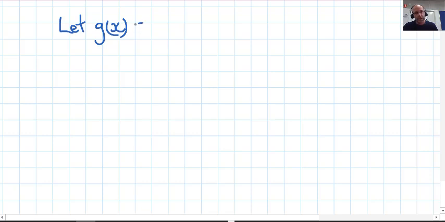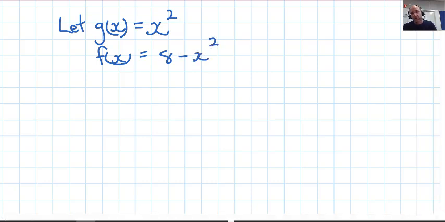So the one that was higher up is x squared as far as the region goes, and let's make g of x equal x squared, and f of x lower down is 8 minus x squared. Oh, whoops, I just realized actually the other way around, the f of x is higher than g of x. See, it doesn't matter as long as it's set up correctly.